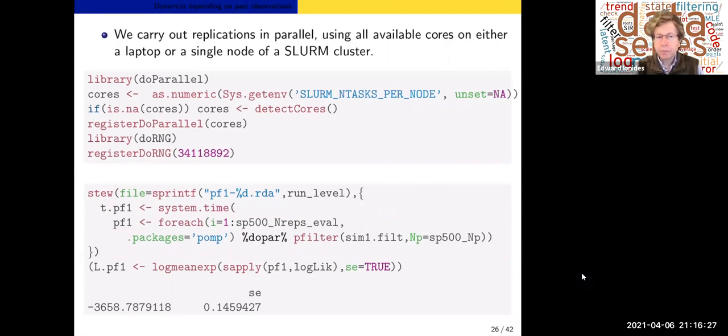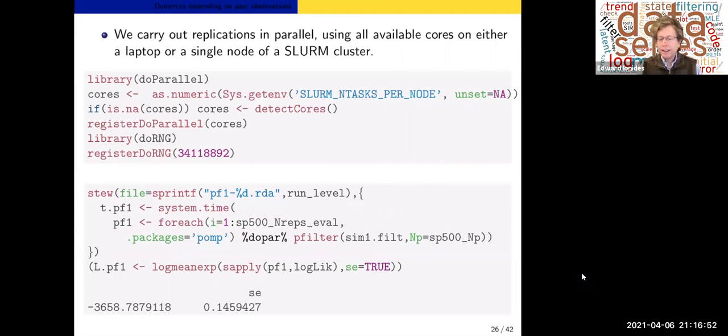Then for reproducible computing, we're going to use this stew function, and we are going to save the file under different names depending on the run level. That's just for organization. And here we're just going to do a likelihood evaluation by repeated p-filtering.